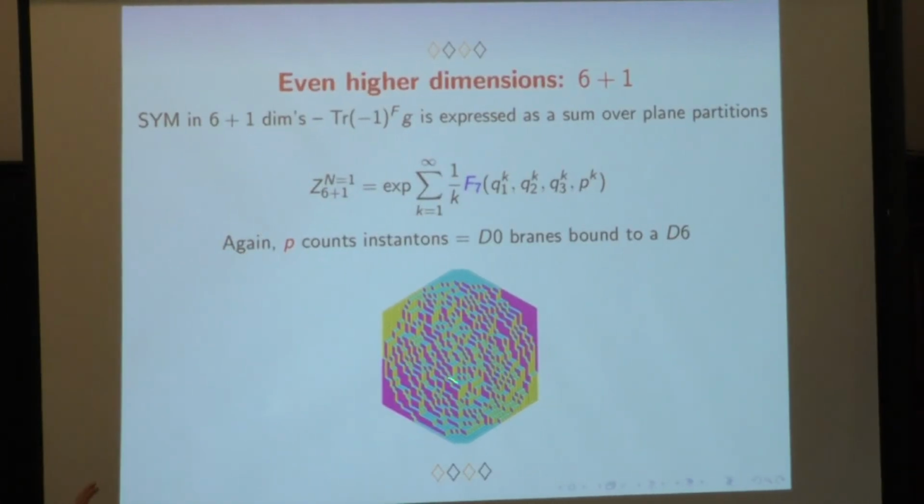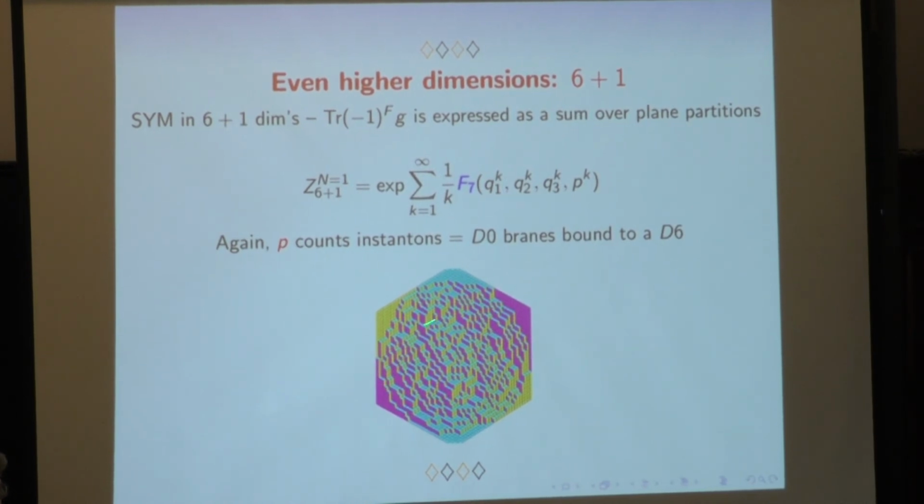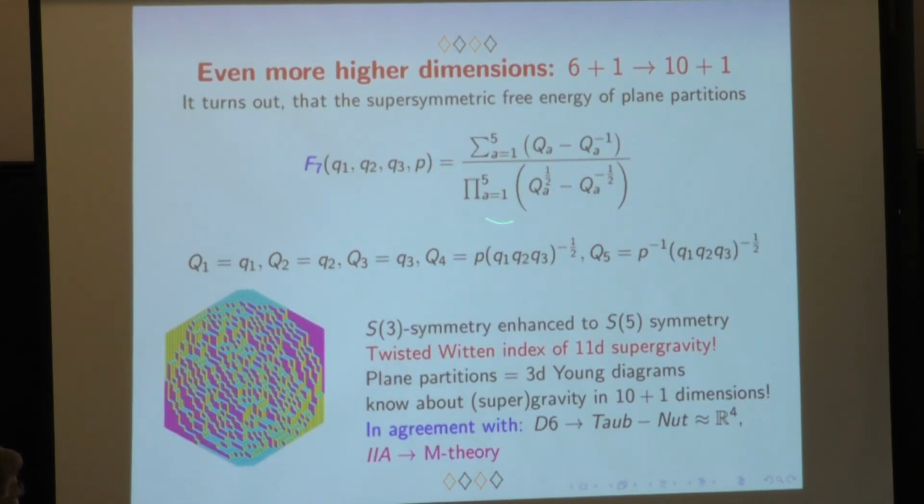So I didn't give you the formula for the measure. It is some interaction. It's a Boltzmann weight of some interaction potential between pairs of corners of this diagram. So that measure is a one-loop computation in supersymmetric gauge theory in 6+1 dimensions. And so that sums up to this plethystic exponent with this formula for the free energy.